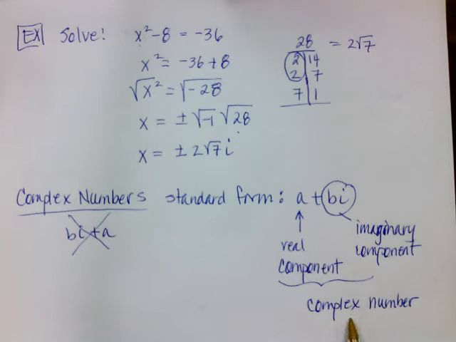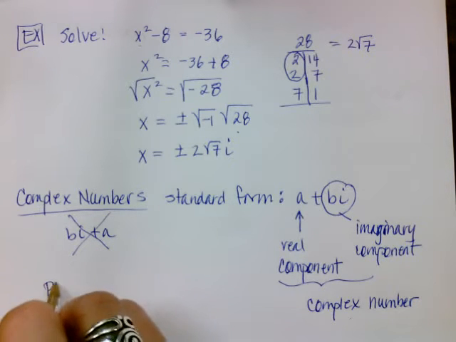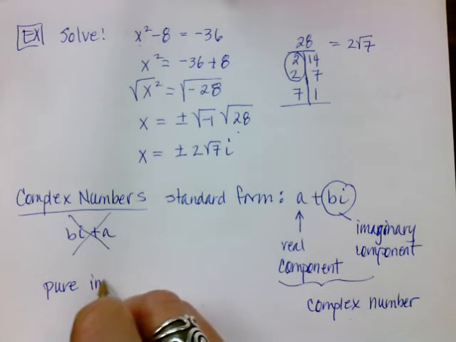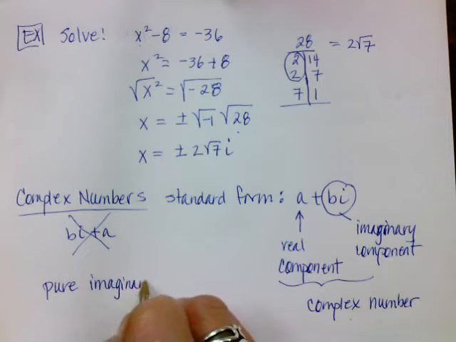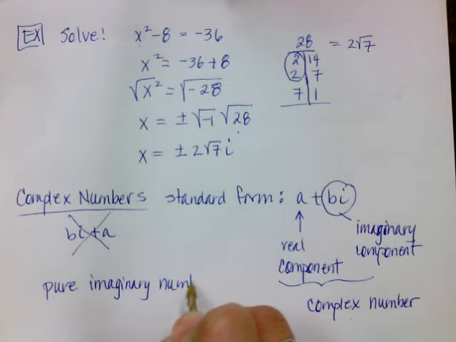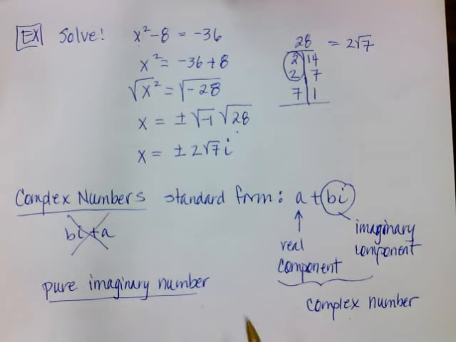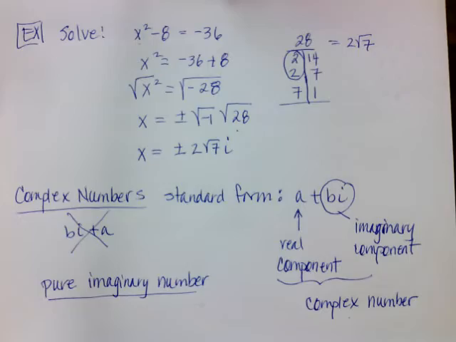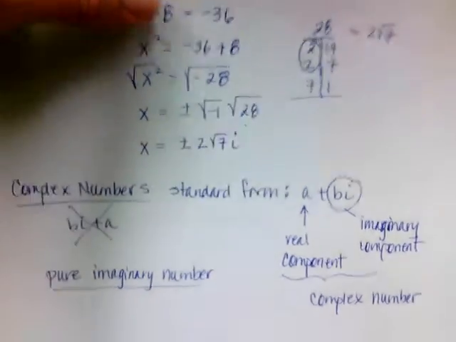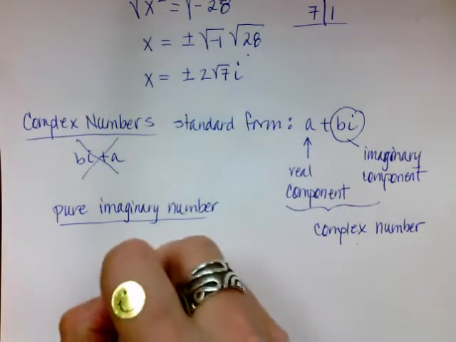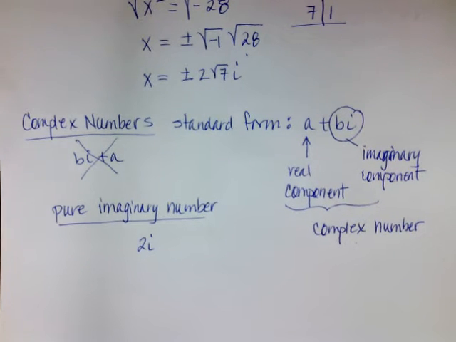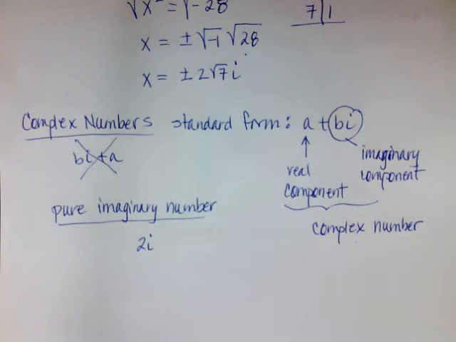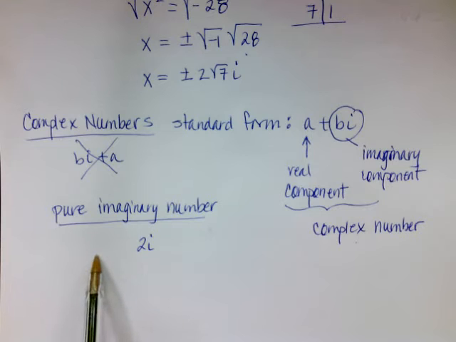Your book also introduces the concept of a pure imaginary number. All that means is that there's no a, so there's no real component, it's just an imaginary number. So if I had 2i, that would be a pure imaginary number because it doesn't have a real component.